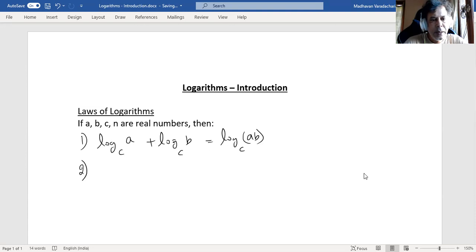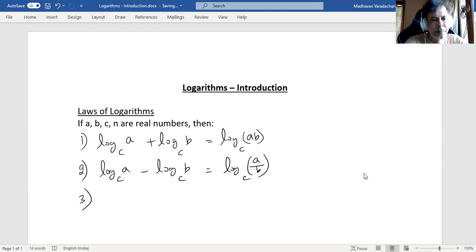The other one is log A to the base C minus log B to the base C is log of A by B to the base C.